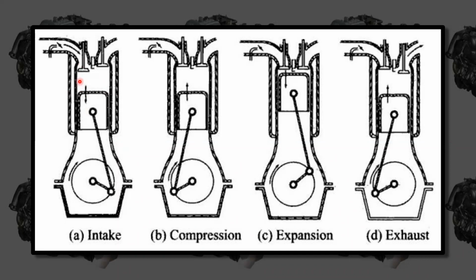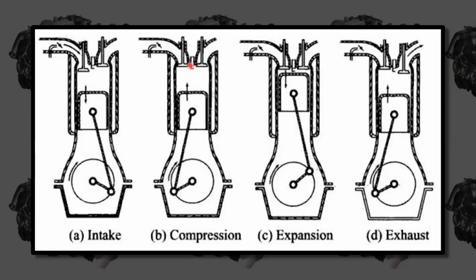In the ideal working of the engine, within the intake stroke, when this inlet valve is going to open, that means it will come down and the air and fuel is going to get into the combustion chamber. That is the intake stroke. And coming to the compression stroke, both inlet and exhaust valves are going to be in closed position.